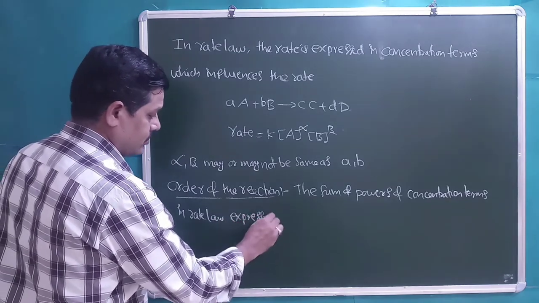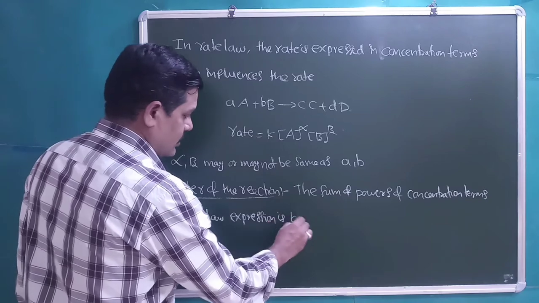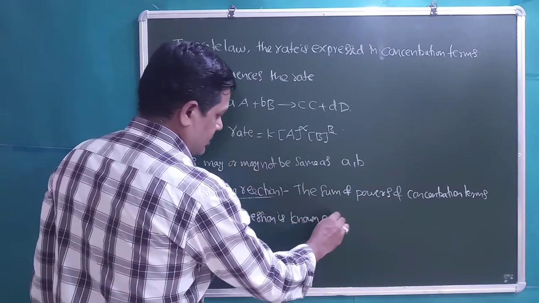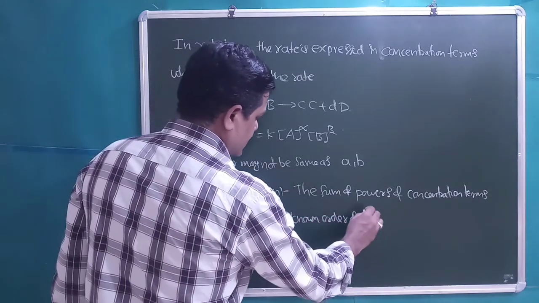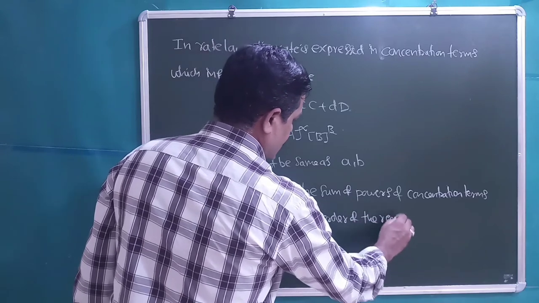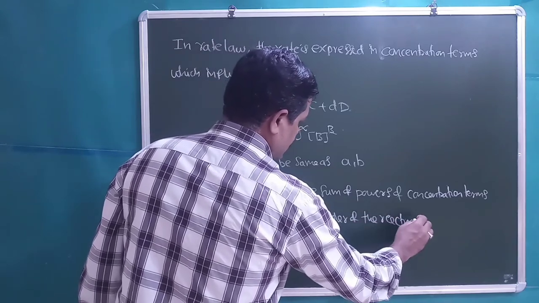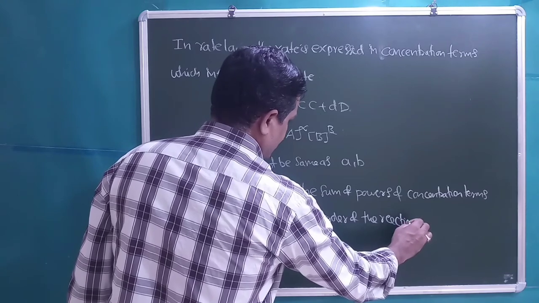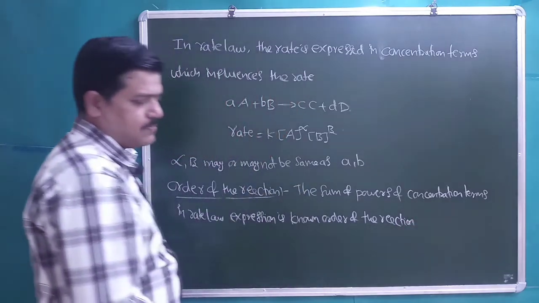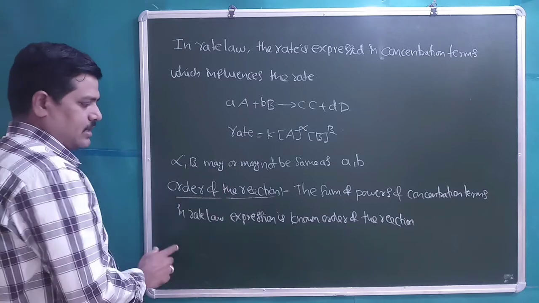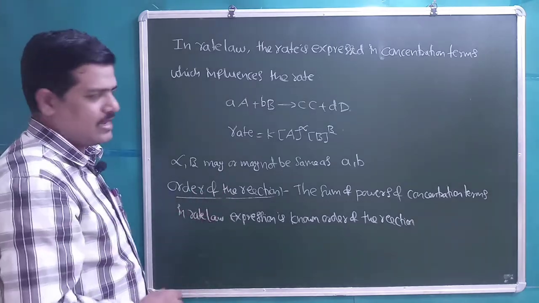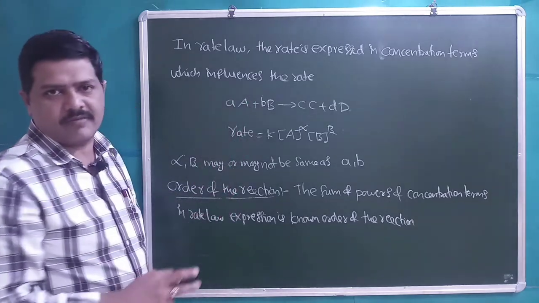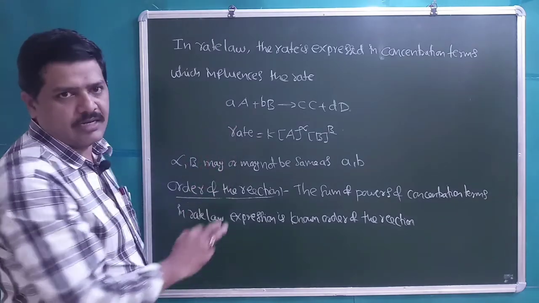Students, order we can measure by experiment only. Only with an experiment can we measure the order. By seeing any chemical reaction, if some equation is given, we cannot predict the order.